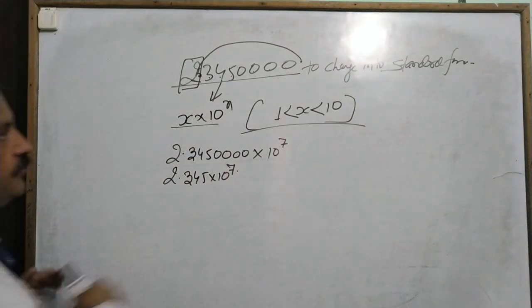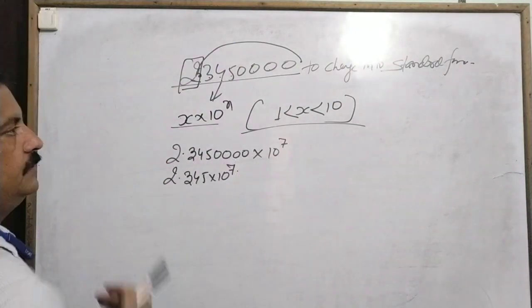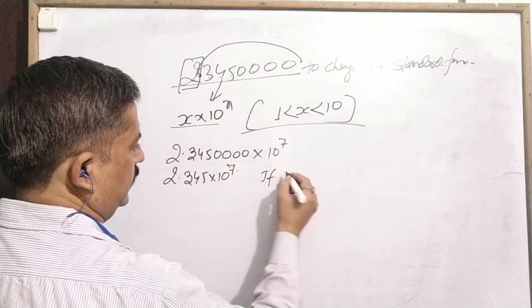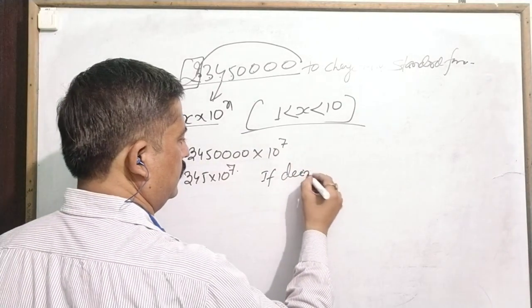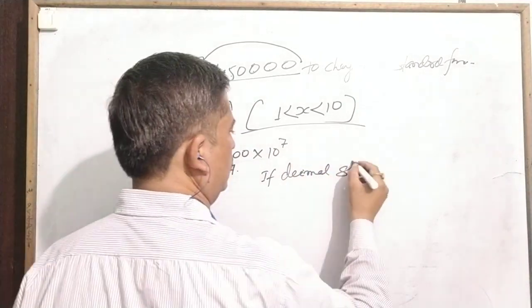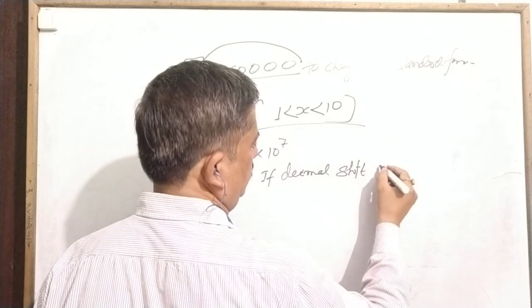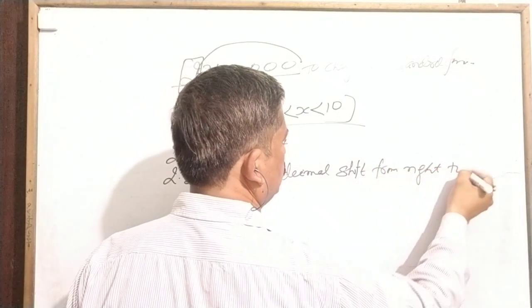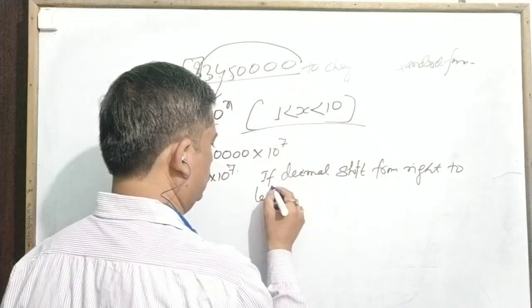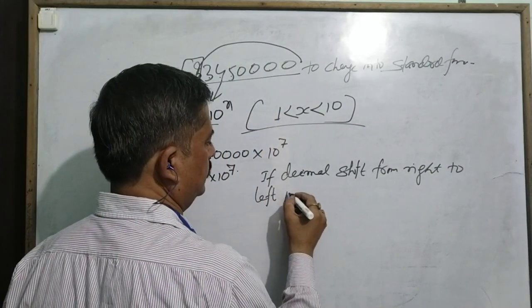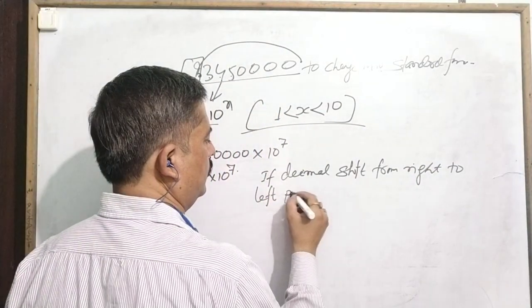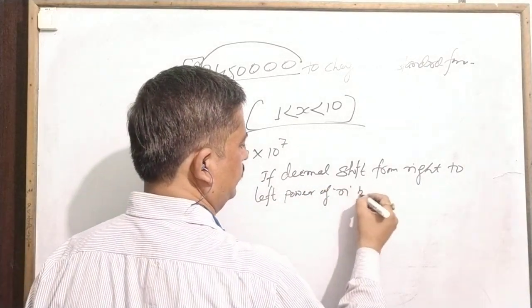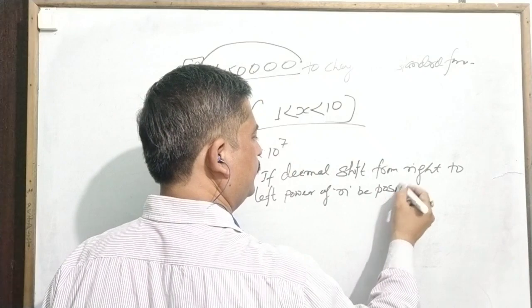If the decimal shifts from right to left, the power of n will be positive.